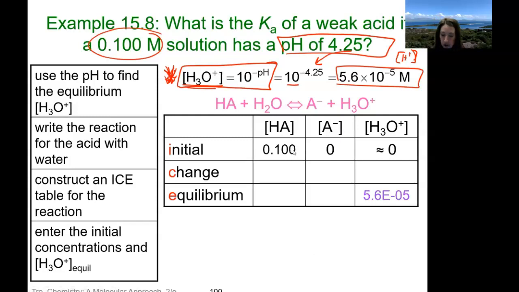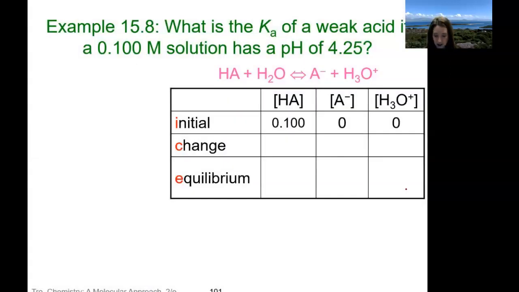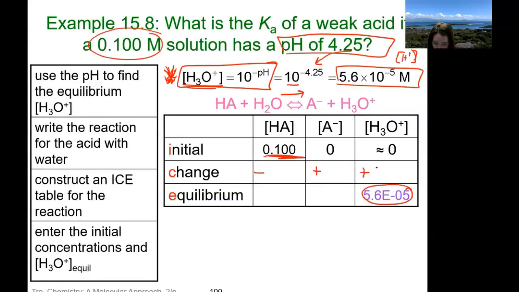And again, this has to go forwards because all we have are reactants. So this has to go down, this has to go up, this has to go up. And the amount it's going to go up, it's right there. They're telling us how far it's going to go up. So this is going to go up by 5.6 times 10 to the negative 5.